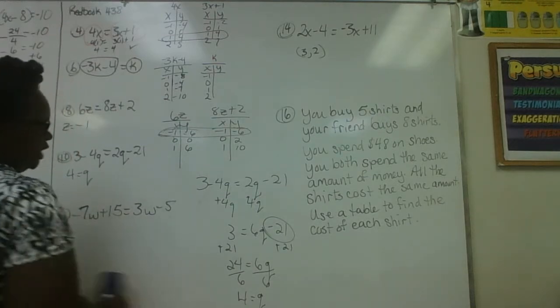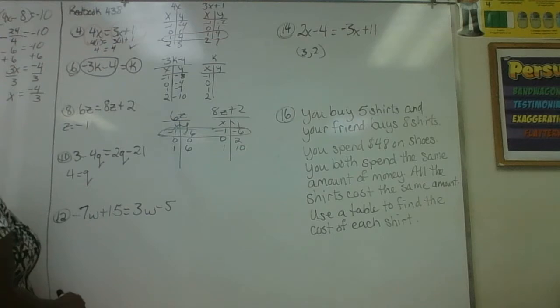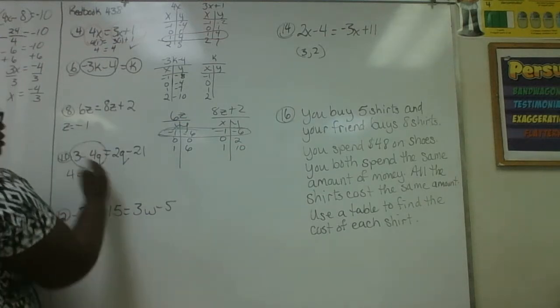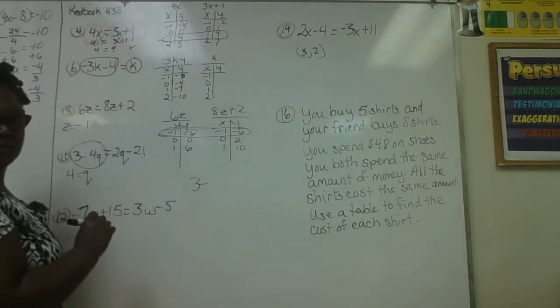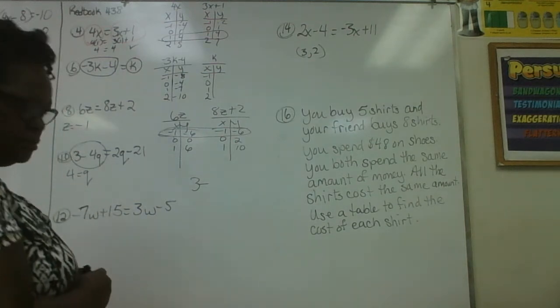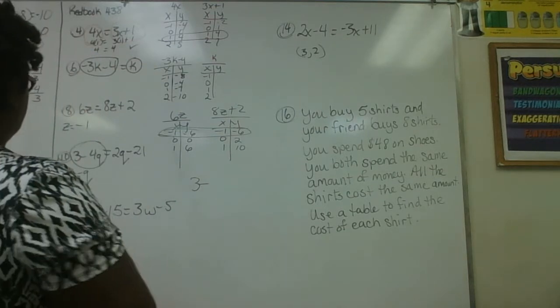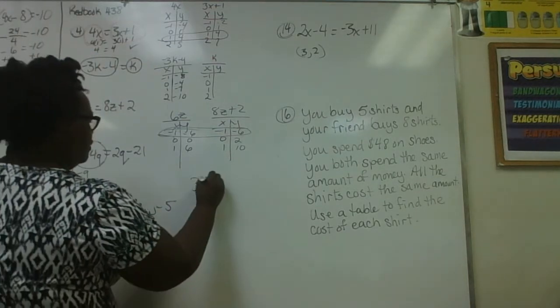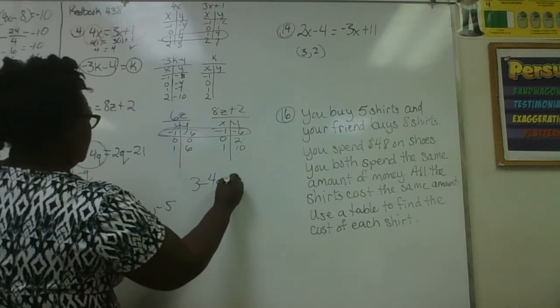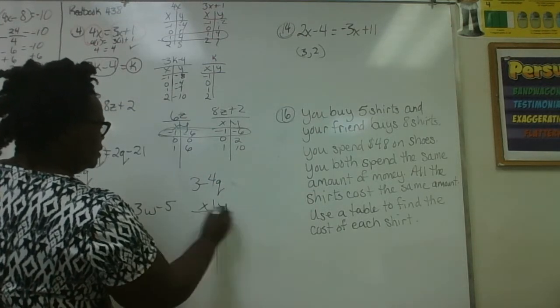All right, so let's check. Two equations. This equation, 3 minus 4q equals, we have an x and a y here.